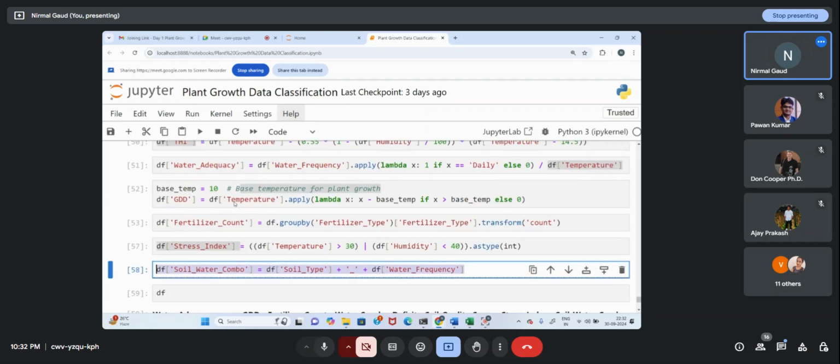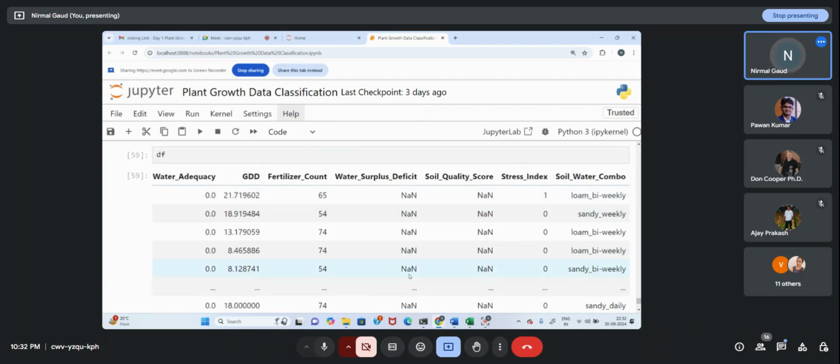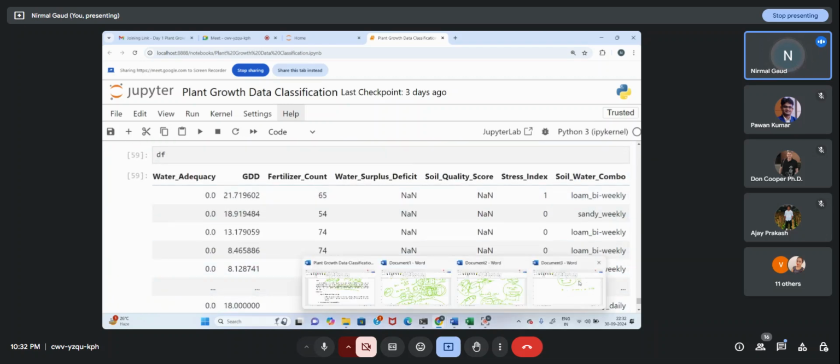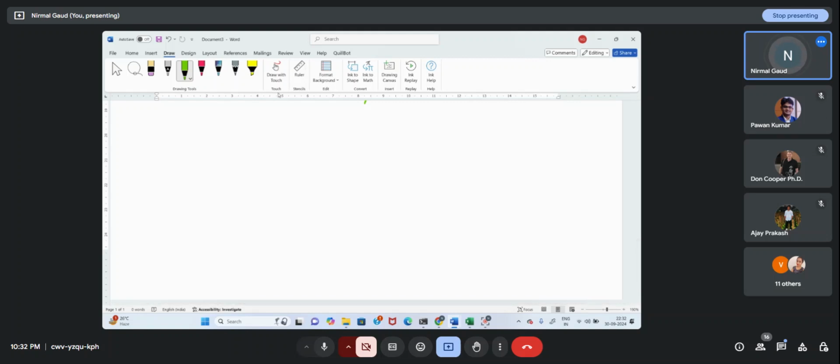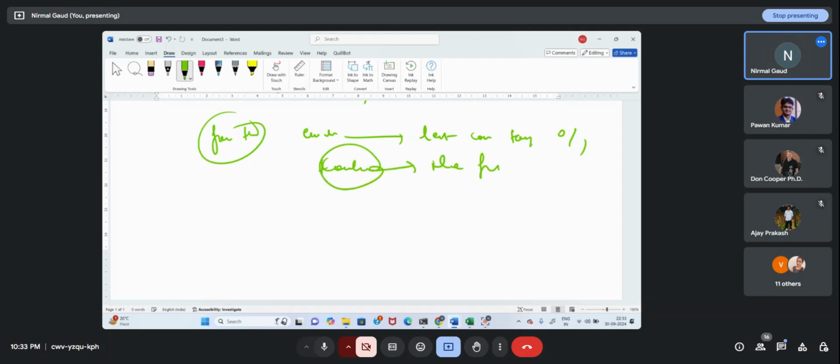Somehow I felt I should keep these new features in mind. The point is, I found that the environmental features are least correlated with the target, 0 or 1. So I took these things in combination to create new features, just in the hope that I can use them ahead to get some good model development.